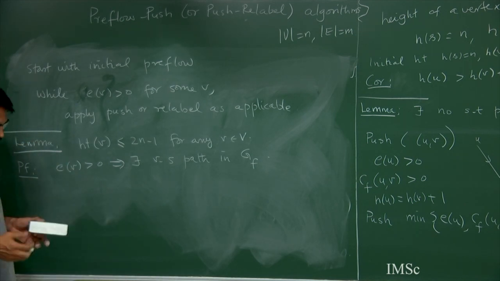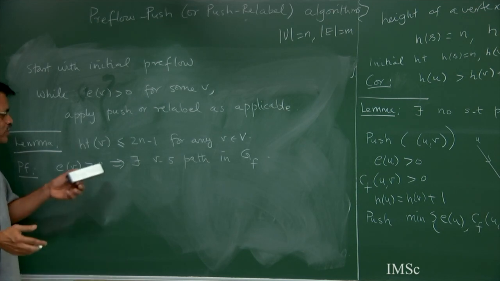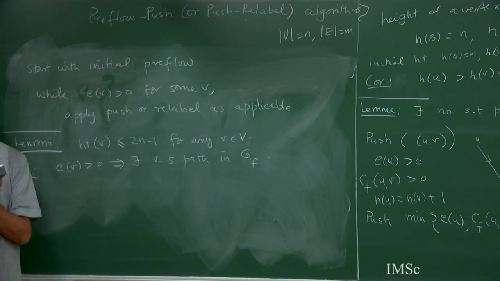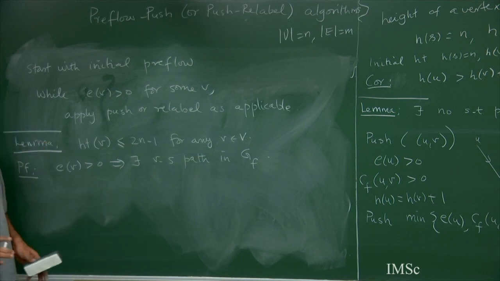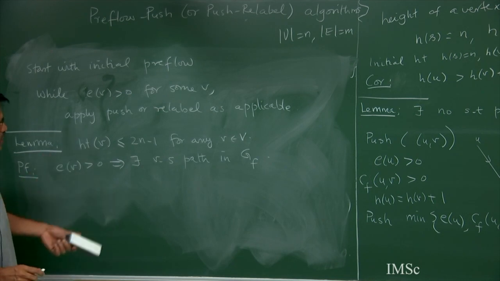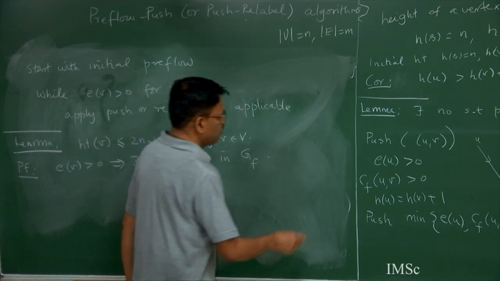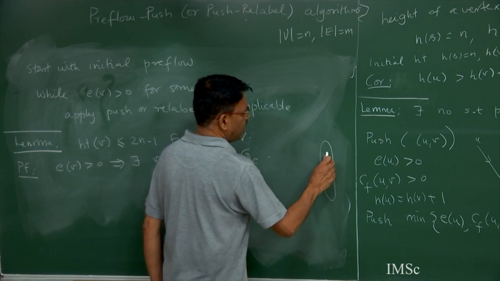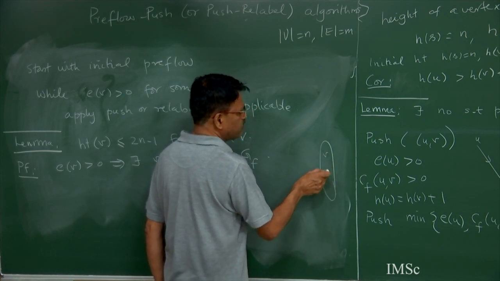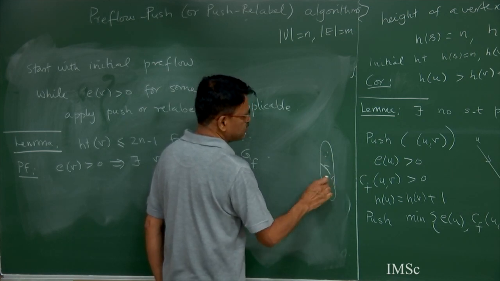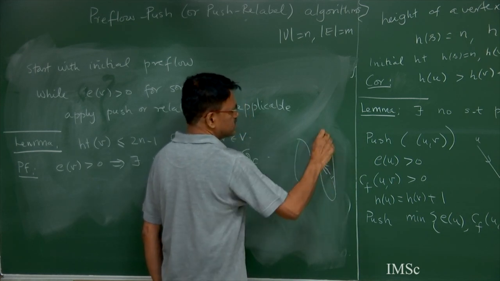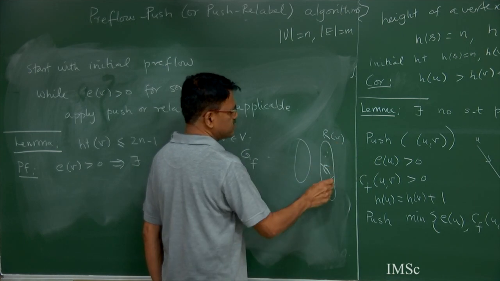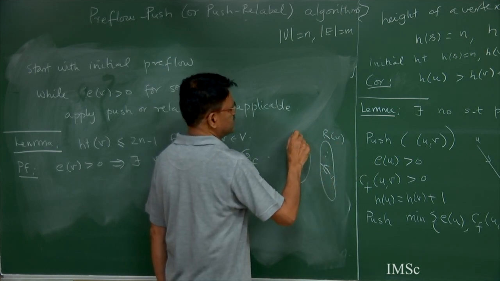But the intuition is about how we got excess in the flow. Formally, the way you prove it is by taking v and all vertices reachable from v in the residual network, let's call this R(v), the vertices reachable from v. This is the remaining vertices.